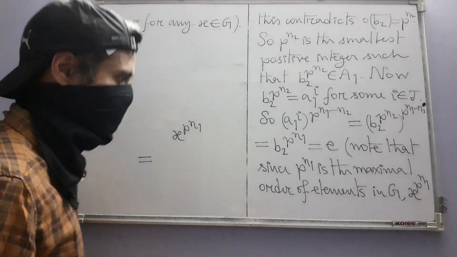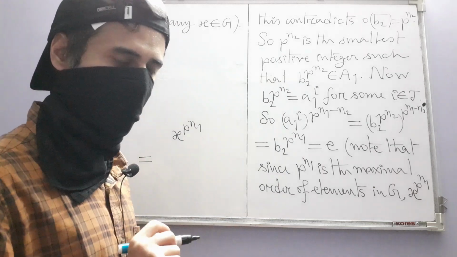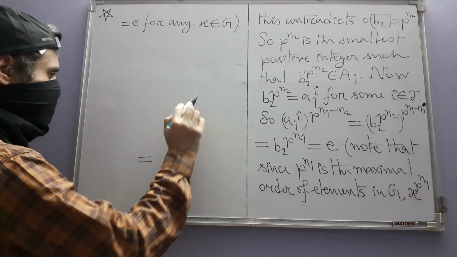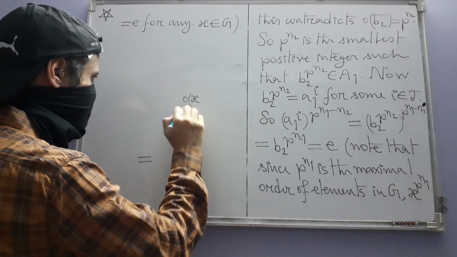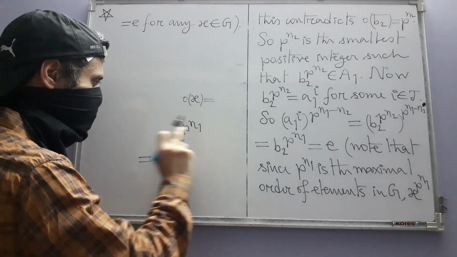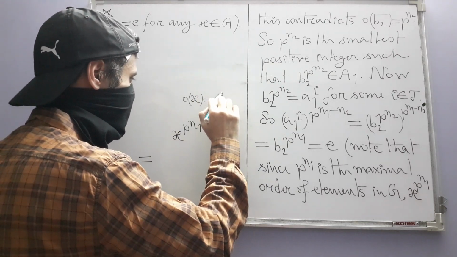Oh yes, the nature of the orders in this group makes this happen. You see, simply taking order of x is not enough. Order of x, after all, is also some power of p. Say p to the power something, say m.